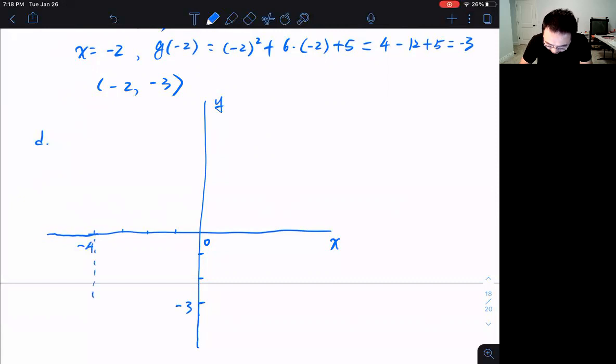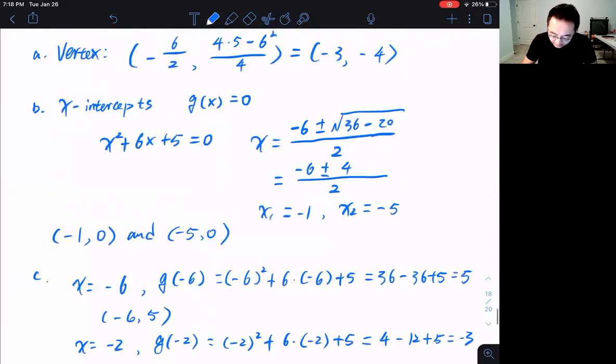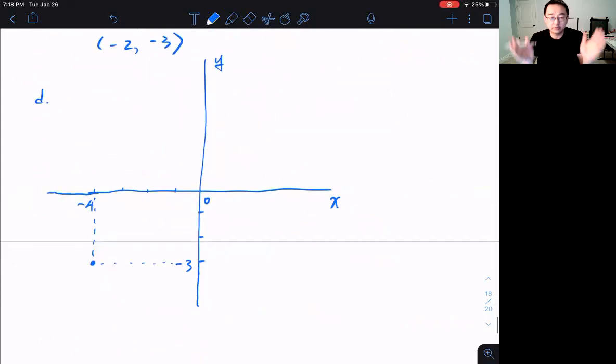If you come down to this point, this is your vertex. This is where the graph changes its direction. And since the original form has x squared, a equals 1, because usually we have ax squared plus bx plus c. So a equals positive 1, and that tells you your parabola is going to be opening upward.